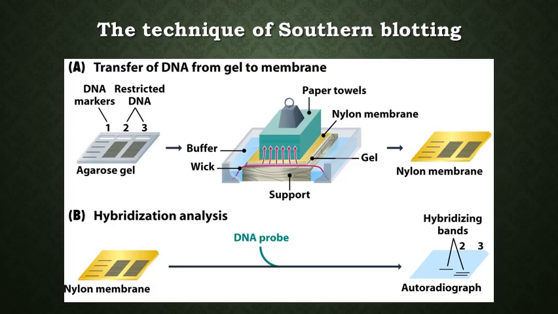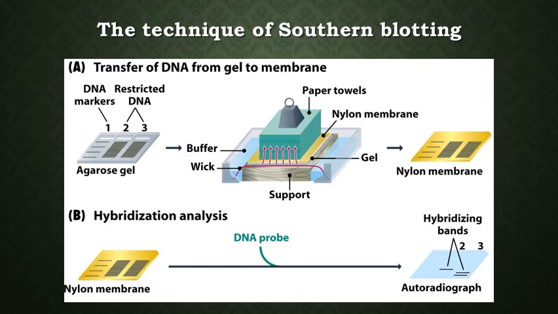In 1975, E.M. Southern published an important new procedure that allows investigators to identify the location of genes and other DNA sequences on restriction fragments separated by gel electrophoresis. The essential feature of this technique is transfer of the DNA molecules that have been separated by gel electrophoresis onto a nitrocellulose or nylon membrane. Such transfers of DNA to a membrane are called Southern blots, after the scientist who developed the technique.